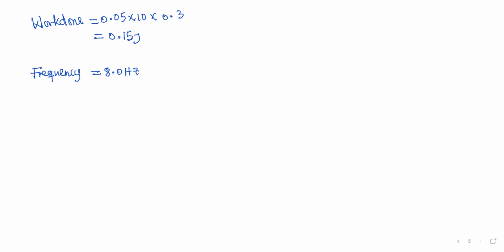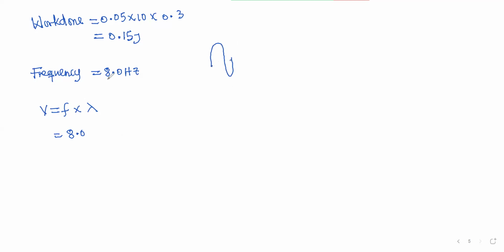Okay, then let's look at it. So yes, we'll need v. The speed is equal to f times the wavelength. f, we are told, is 8.0 hertz. What about the wavelength? So how do we determine the wavelength? This is what we have.